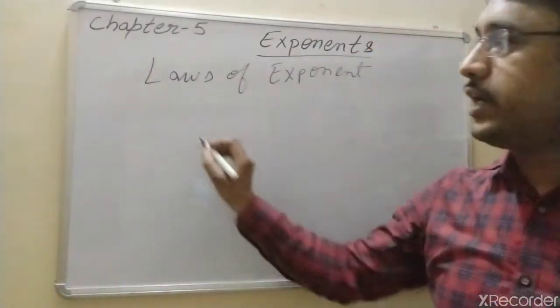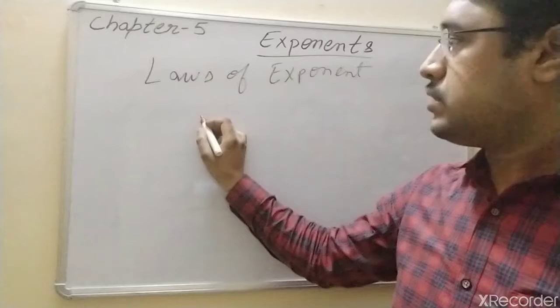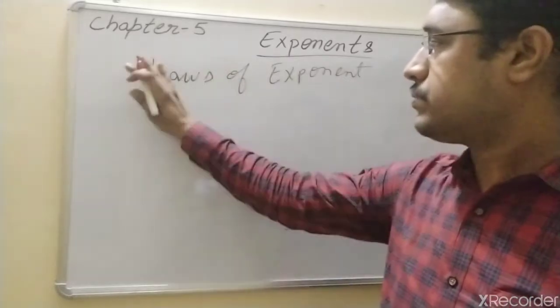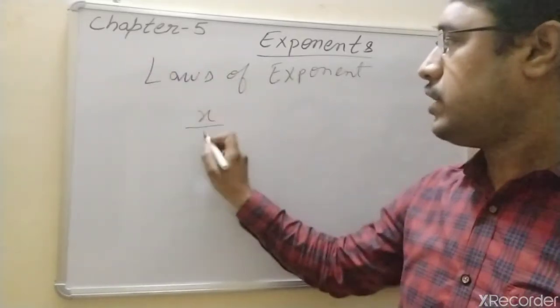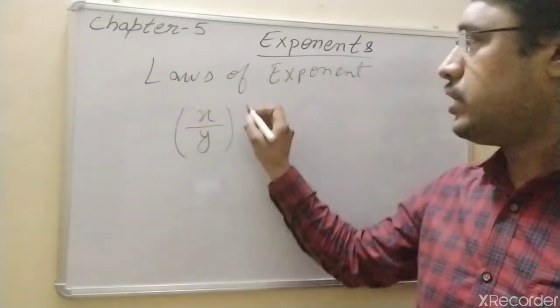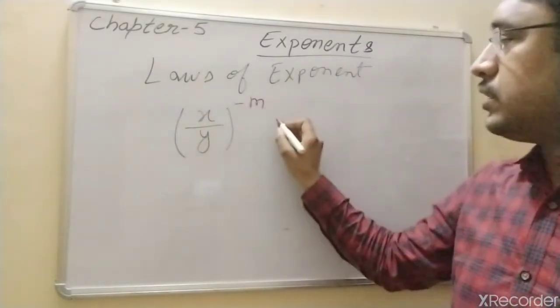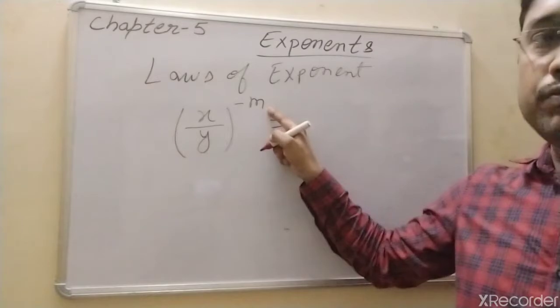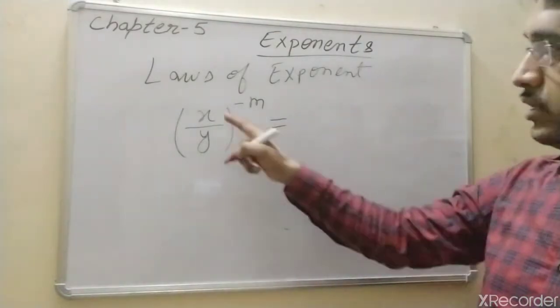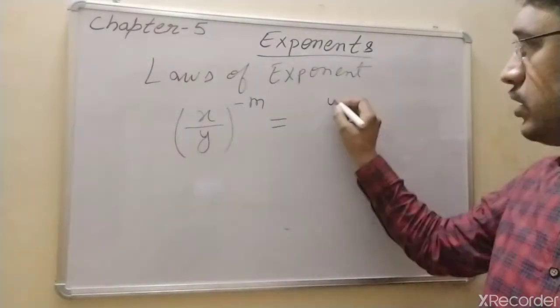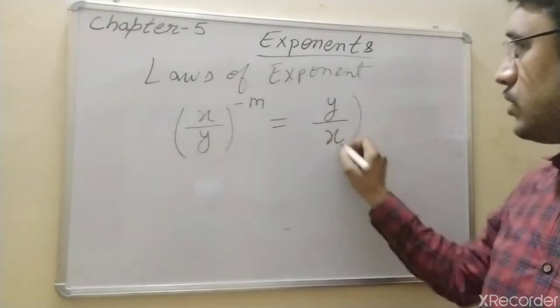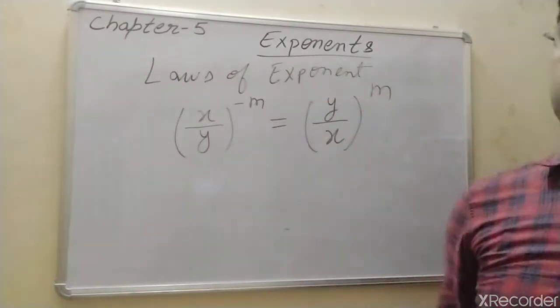If the number is a by b or x by y to the power minus m, then if you change the sign of this power, you have to take the reciprocal. That means y by x to the power plus m.